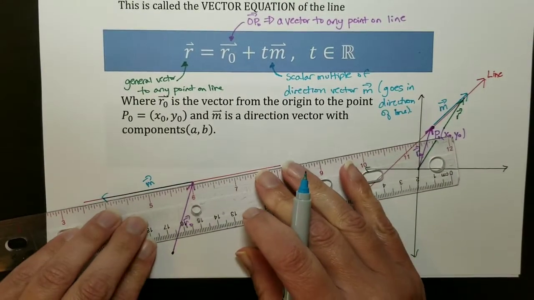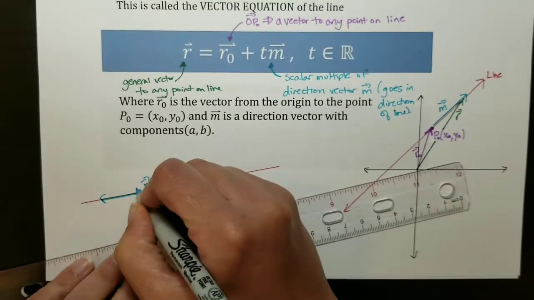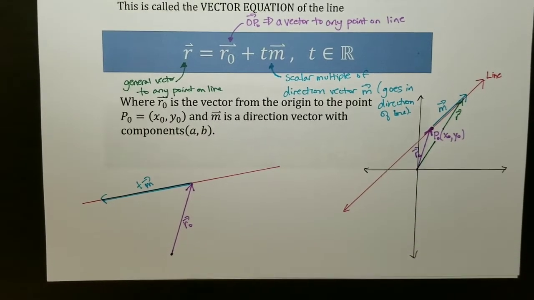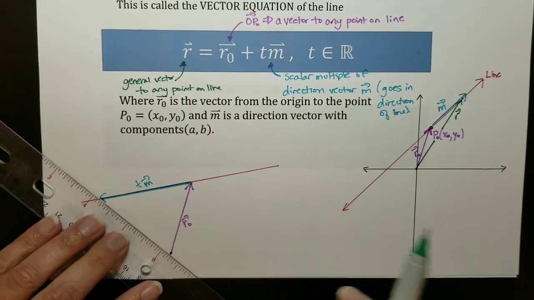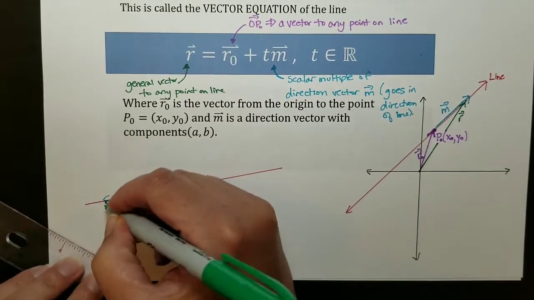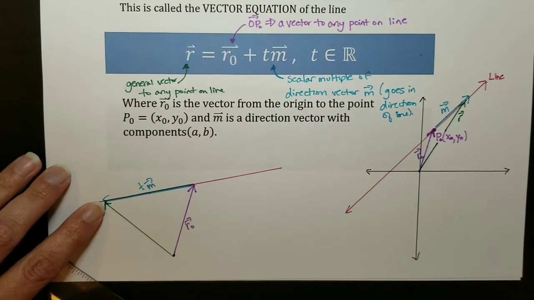A scalar multiple of vector m. And that will give you your directions, or your vector, going from your original point, from your origin, to a certain house on that street.